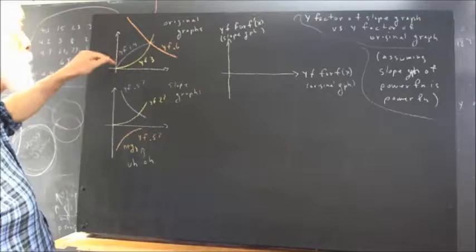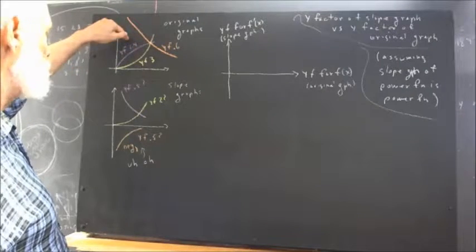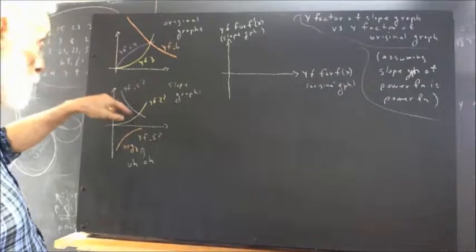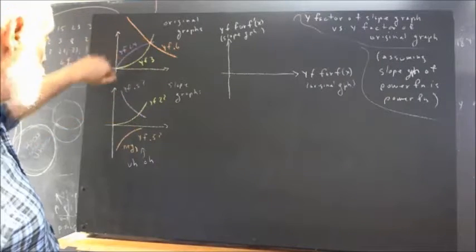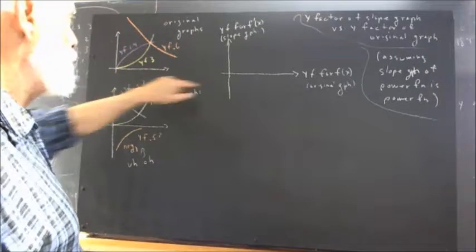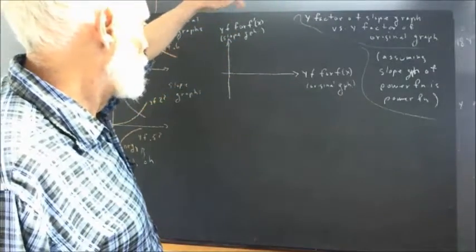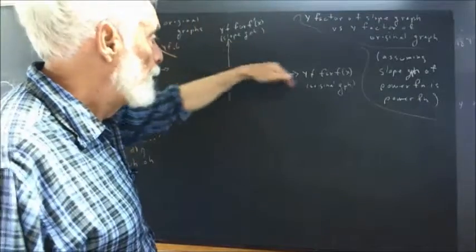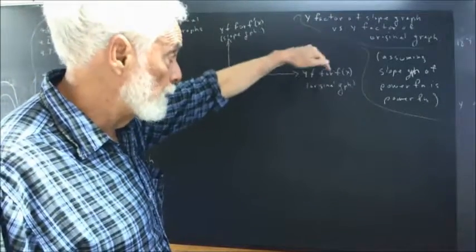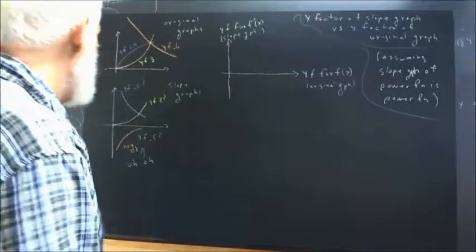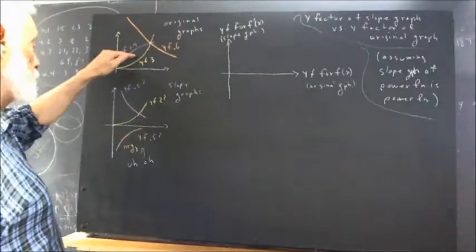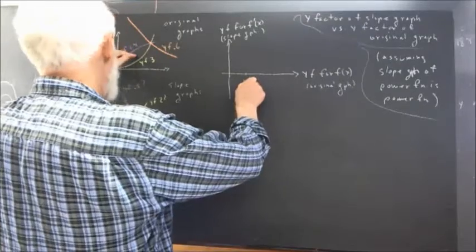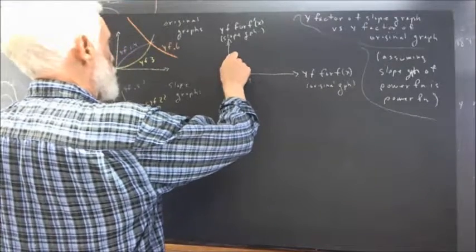Okay, so let's say the y-factor here is 1.4, and we find by construction that the y-factor of the slope graph, which is in the same color, is 0.5. Then on a graph of the y-factor for the slope graph, the f prime of x graph, versus the y-factor for the original graph, the f of x graph, we would have the point 1.4 here, 0.5 here.